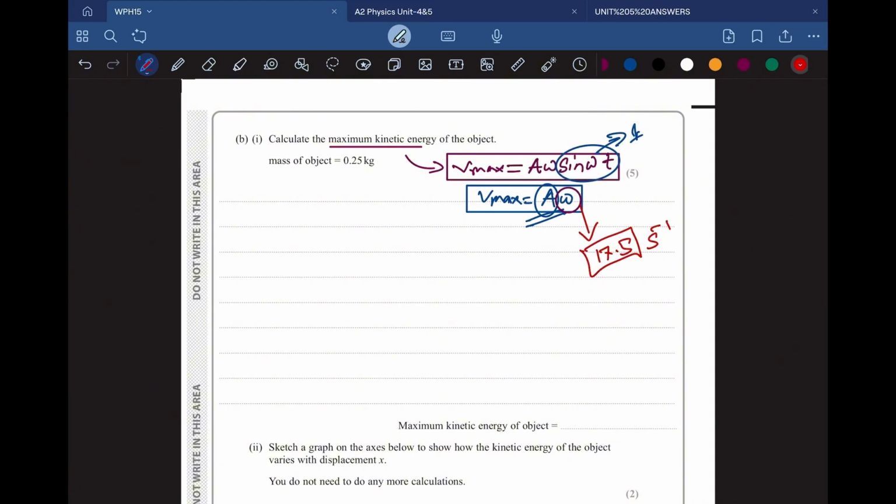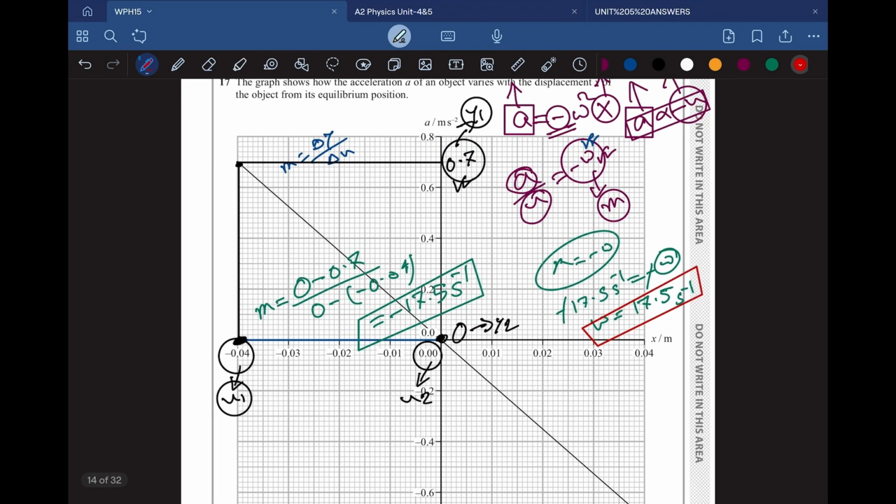Now I will also have to figure out my amplitude, and we know amplitude is the change in the displacement, right? Amplitude is actually the del x. So our del x was this one, the change in the displacement. So it was 0 minus 0.04, which is a value of 0.04, because the minus gets cancelled out.